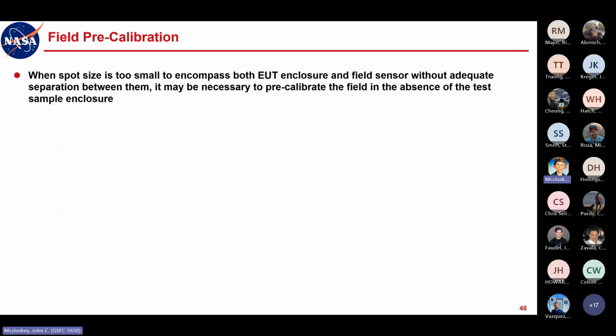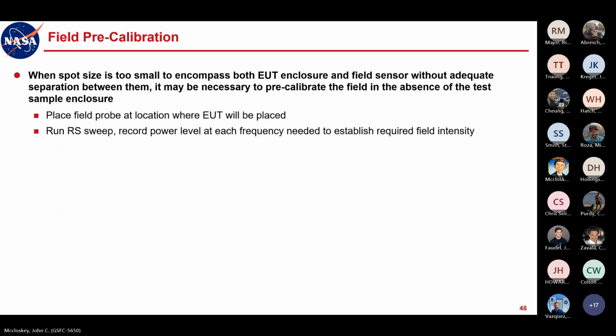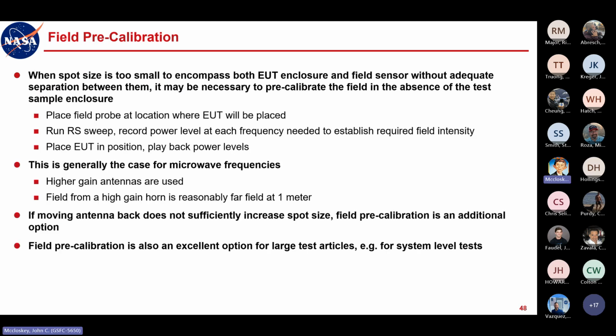Another option, and I'm just going to talk about this in general terms here, is to pre-calibrate the field, which ideally would be done before you bring the EUT into the EMI lab.